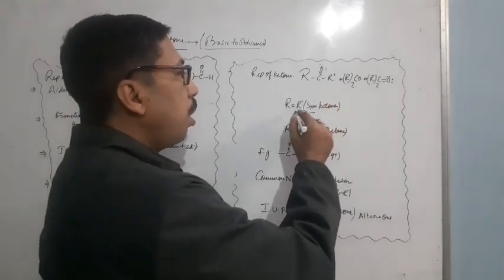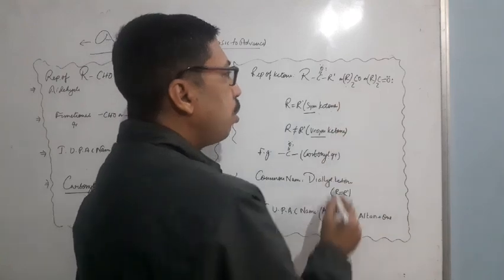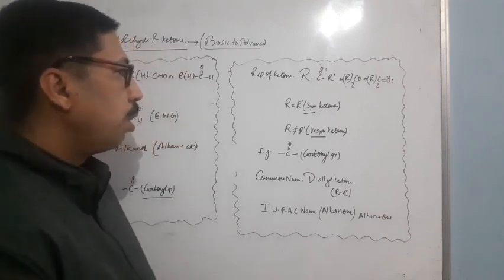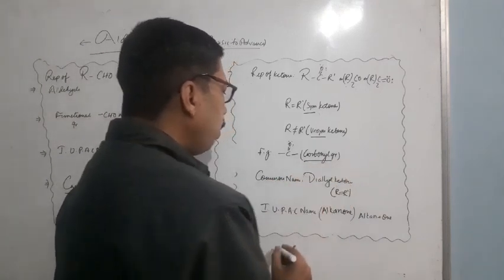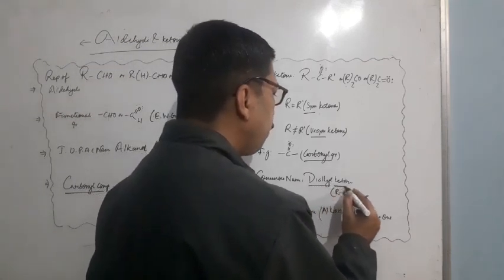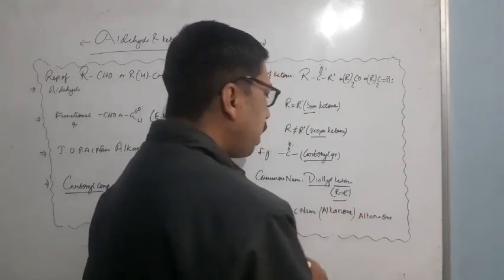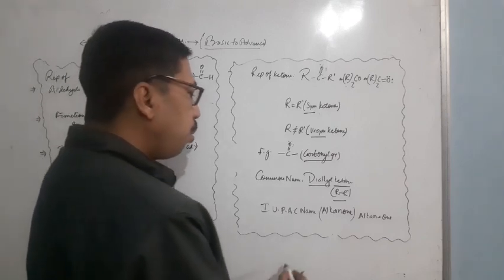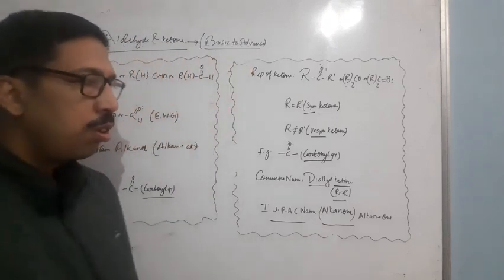In case of R equal to R dash, we can write this formula: R2CO or R2C double bond O. It also consists of a carbonyl group, and its common name is dialkyl ketone. When R equals R dash, both the alkyl groups are identical, and its IPC name is alkanone: alkane plus one.